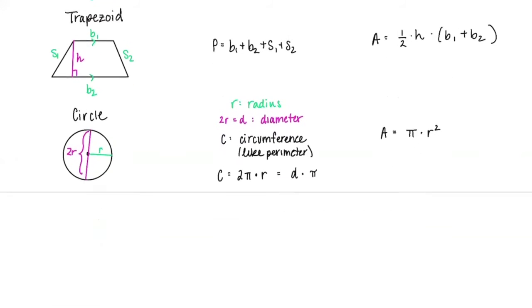So let's try a ton of examples working with these formulas. We want to determine the area and perimeter of the shape.